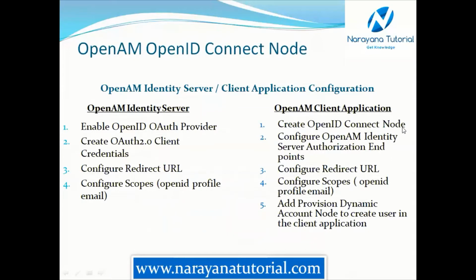Create an OpenID Connect node, configure the OpenAM identity server authorization endpoints, the redirect URL and the scopes. The scopes of our client application and identity application should be the same, and the redirect URL also should be the same. And add a provision dynamic account node to create the user in the client application, because once the user is authenticated, that account profile information will be created in the client application.